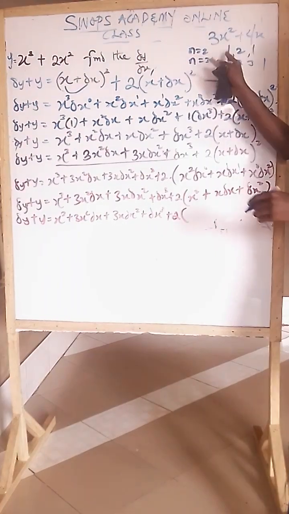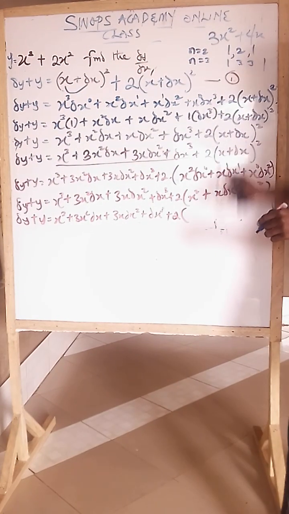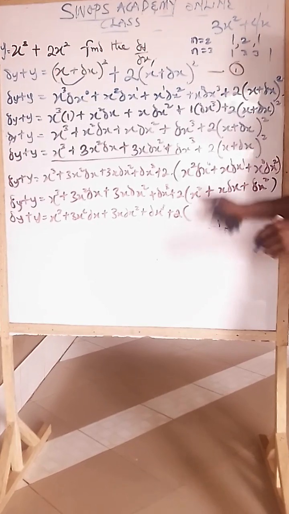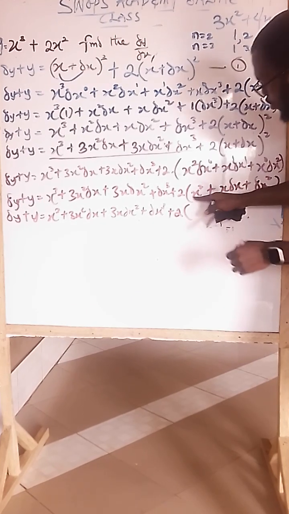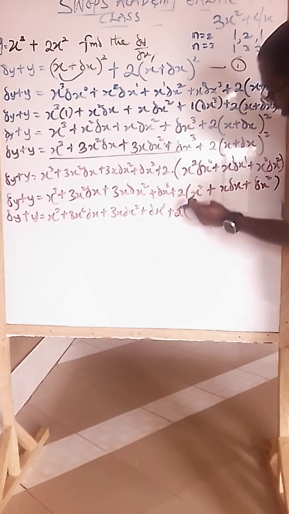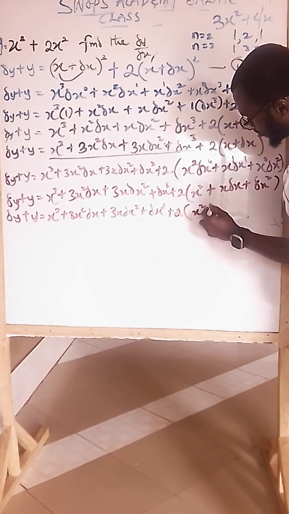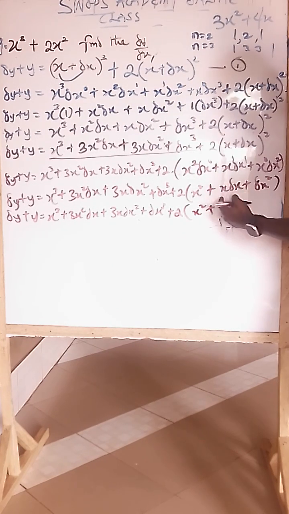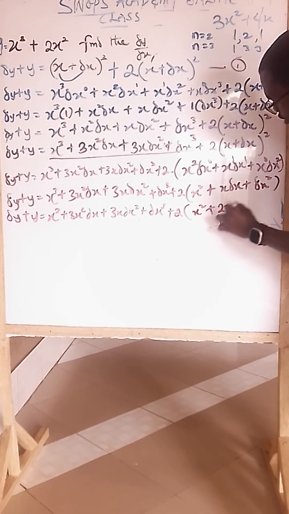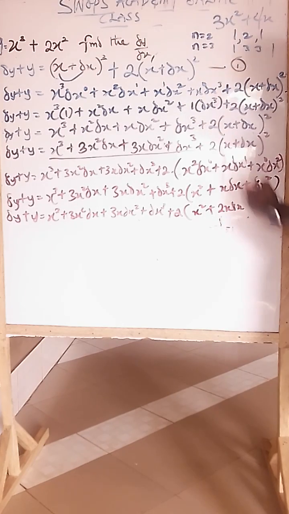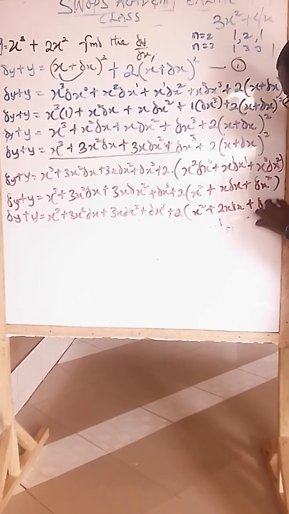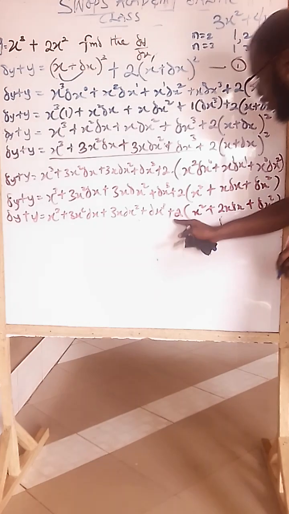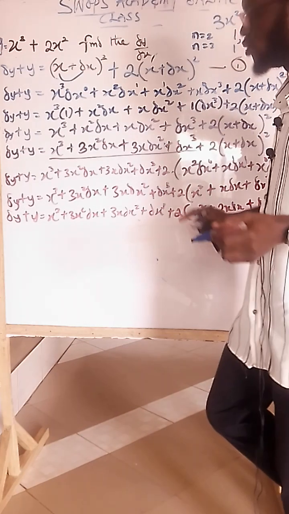Now 1, 2, 1, that's what we are to use. 1 times 1 will give us 1. 1 times s squared will give us s squared, plus 2 times s ds will give us 2s ds. Then 1 times this will give us the ds squared. Then you can use this to open it up and you are good to go.